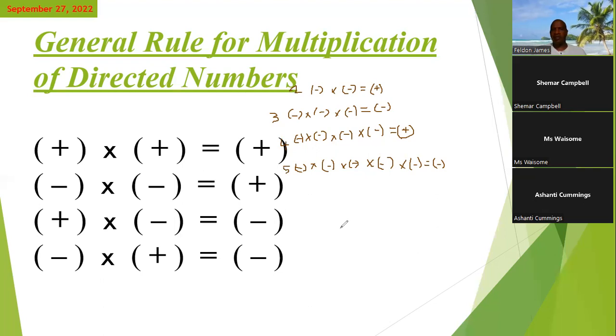Now, what can you say based on the number of negatives? What is the rule that you can identify here?